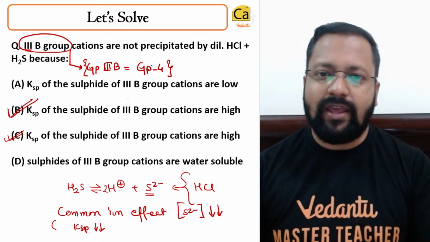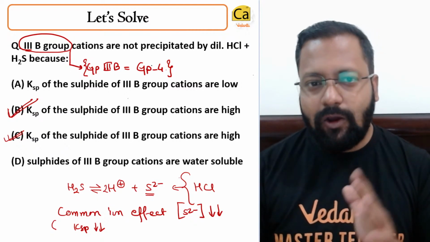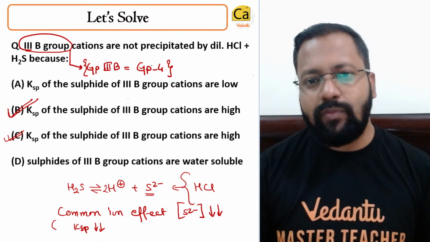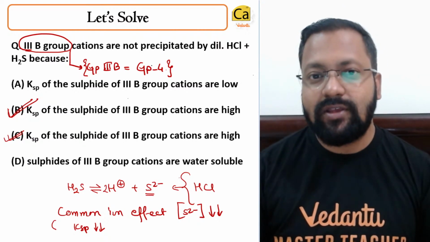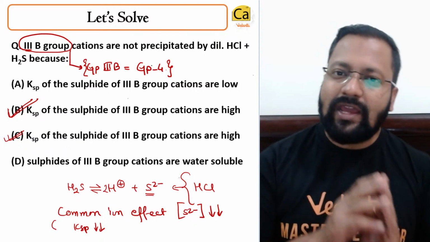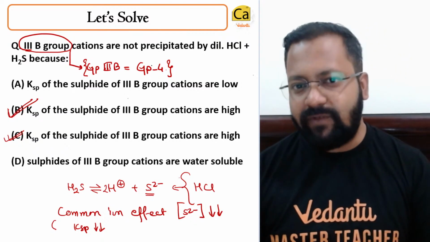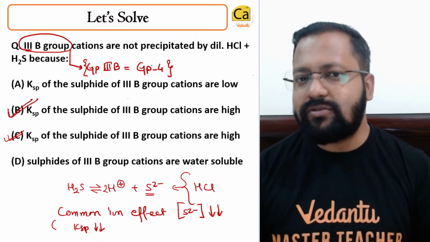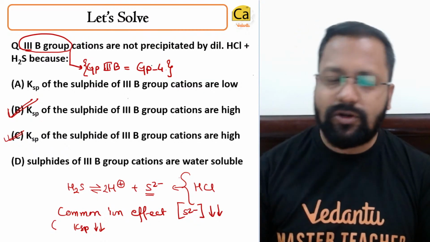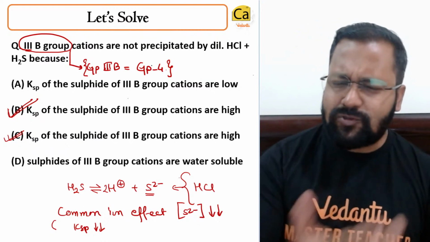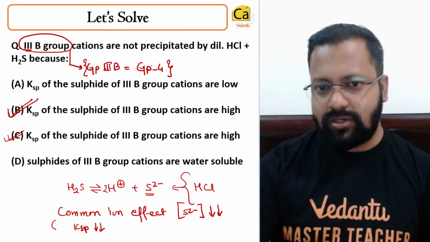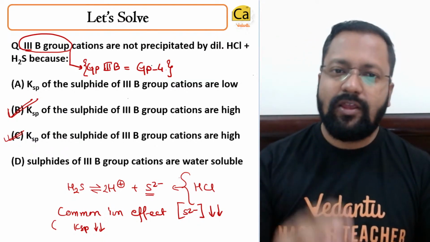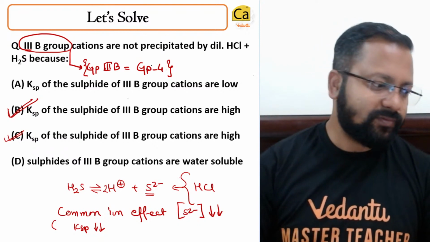For everything else, we have used only logic to solve the questions. Remember, qualitative analysis is a high effort, high returns topic. If you put efforts in it, the returns are always very, very high. Those questions are very straightforward. You can get the answer even without solving the questions, just by looking at the way the question is being written. The statements will give you the right answer. Okay?